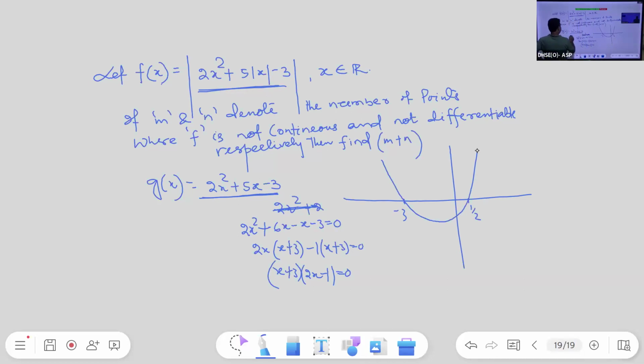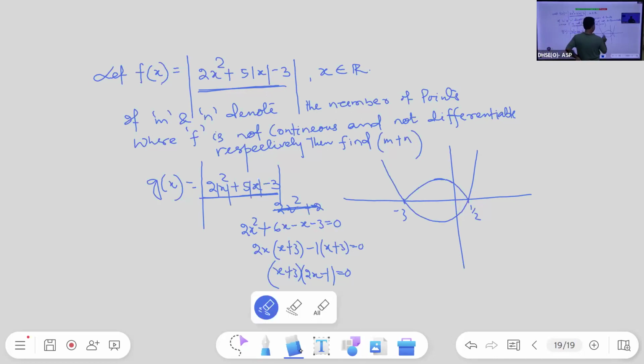So if you take the mod of this expression, then the structure will be like this. The negative part will become positive. And if you take the mod of x, that is 2 mod x square plus 5 mod x, that is a graphical transformation, then we have to erase this part.